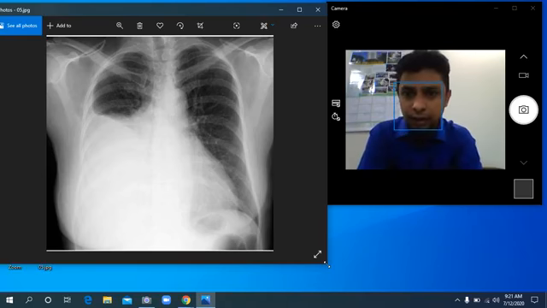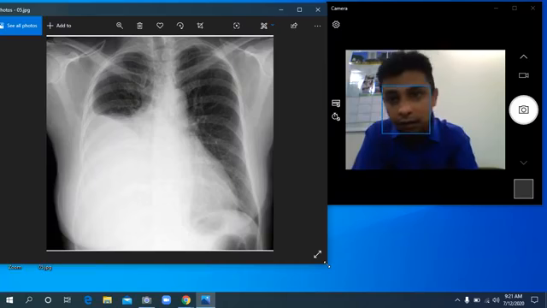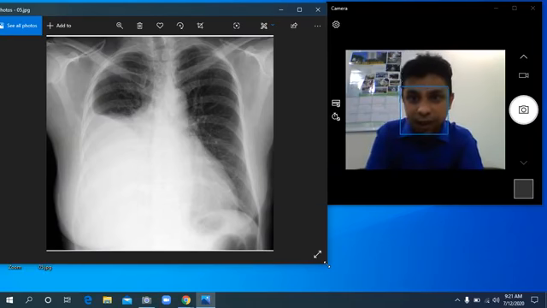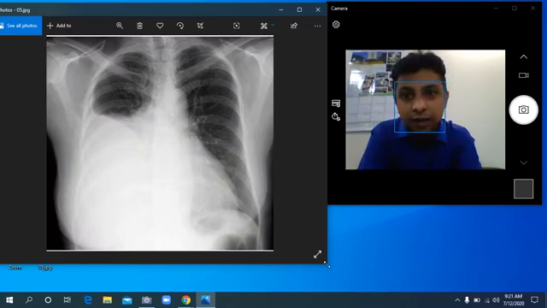Next, we check the position of the diaphragm, and the left diaphragm is all right, but the right diaphragm is not clearly seen because of a homogeneous opacity. When we see white shadows in an X-ray, we call it opacity, and it indicates fluid or solid.